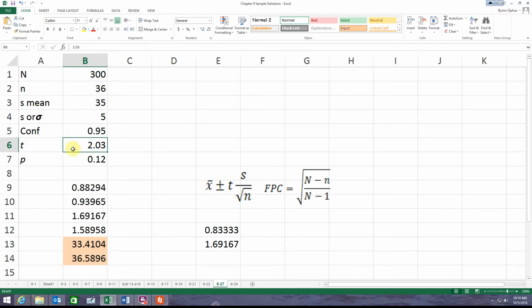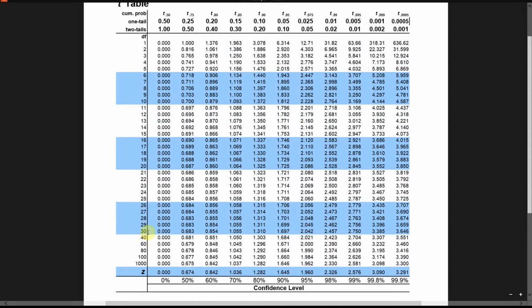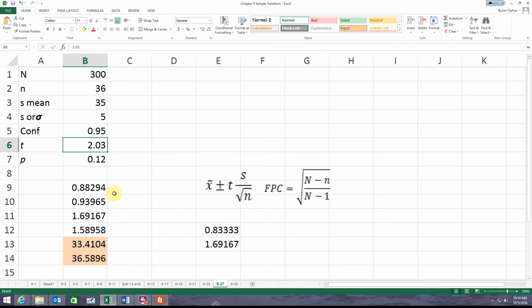So I've got to calculate what my t is in order to do my equation. Remember how I look up my t: I've got my degrees of freedom, which is my sample size minus 1, or 36 minus 1, so my degrees of freedom would be 35.